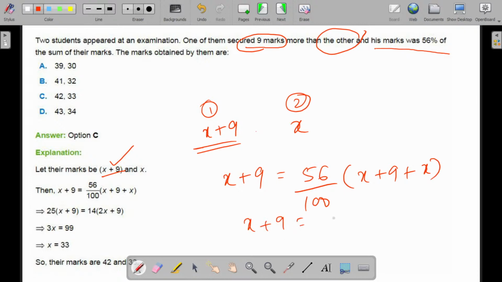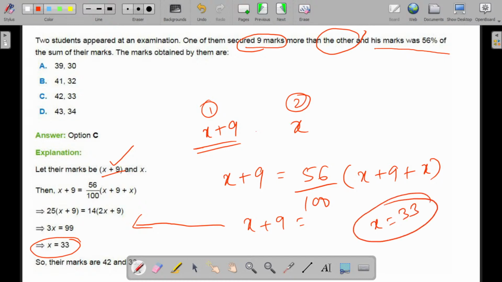Okay, so in this way you do the calculation. You will get the x value as 33, and you put it in here. So 33 plus 9 is 42. So 42 and 33. Your correct option is C.